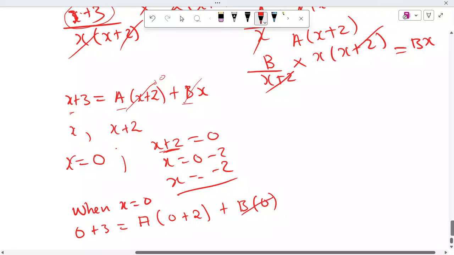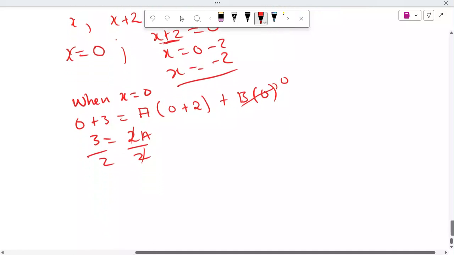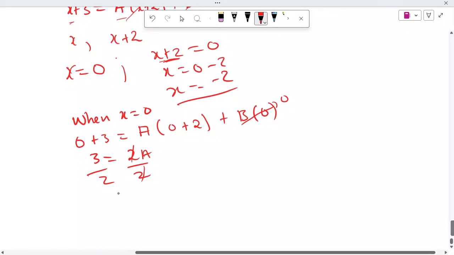So this is equal to 0. So this would be 3 equal to 2A. 0 plus 2 is 2. So you divide by 2, divide by 2, and this and this will cancel out. So you have A equal to 3 over 2, which is just the same as 1.5.